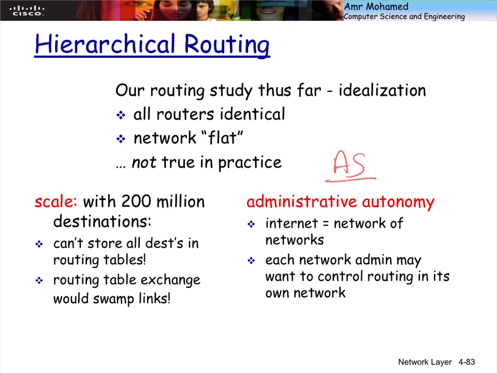Okay, so Ooredoo, مثلا, is an internet service provider. They have a confined domain of infrastructure where they are allowed to use any routing protocol inside that domain. ماشي? But the route updates, whether link state or distance vector, are confined within the domain of Ooredoo.